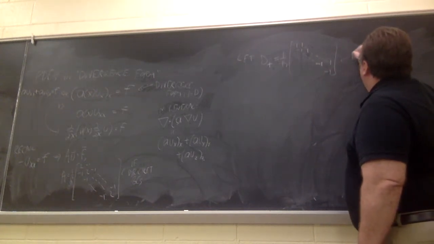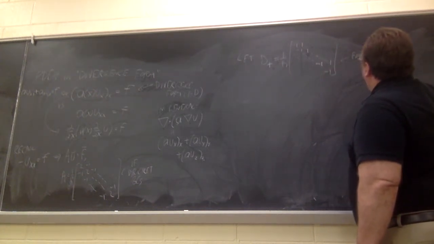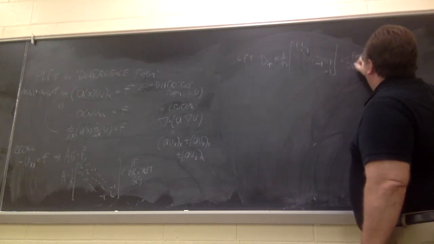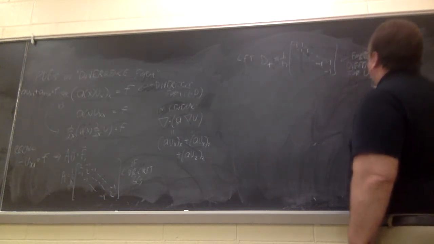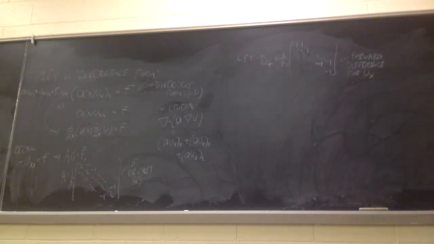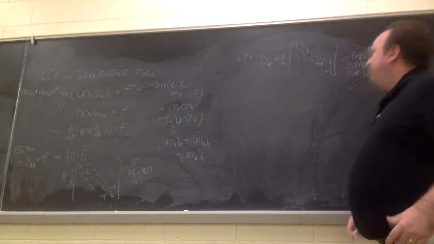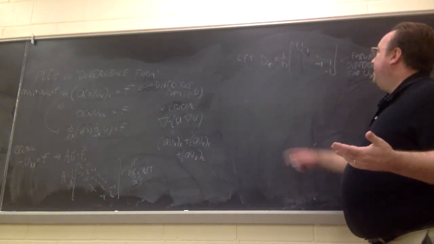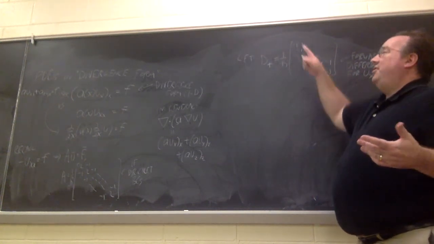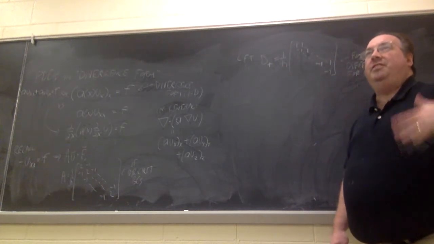This is for forward difference for first derivative. I mentioned that rule last time. Because, for instance, u prime at x1 would be u of x2 minus u of x1 over h, forward difference.